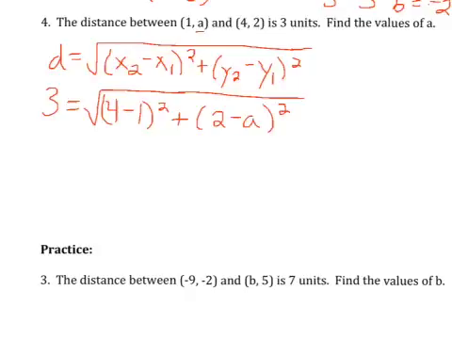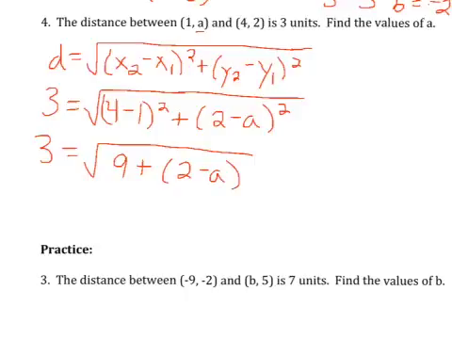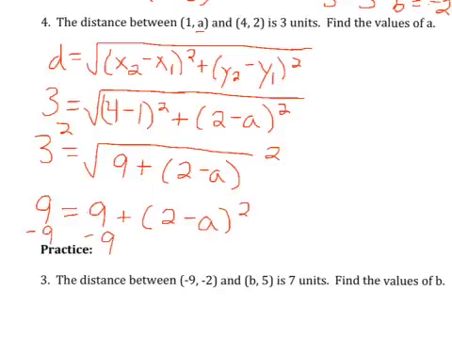All right. So we have 3 equals the square root of 4 minus 1 is 3, and 3 squared is 9. And then we have (2 minus a) squared. To get rid of the square root, we'll square both sides. So we have 9 equals 9 plus (2 minus a) squared. And we'll subtract 9 from both sides.